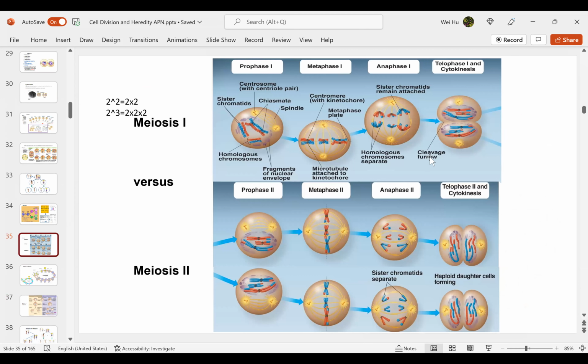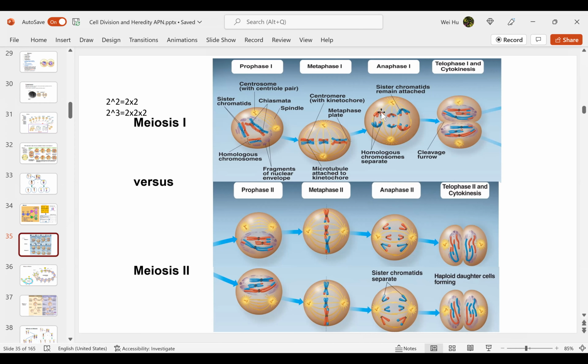What you can see is the above one is meiosis 1. You have to remember that because of crossover in prophase, and because of anaphase, they separate randomly. So those two are making not identical cells, different cells. So you can see the above one is different from the bottom one.